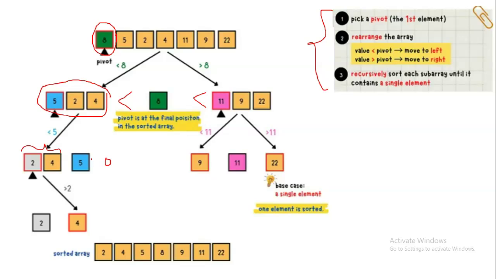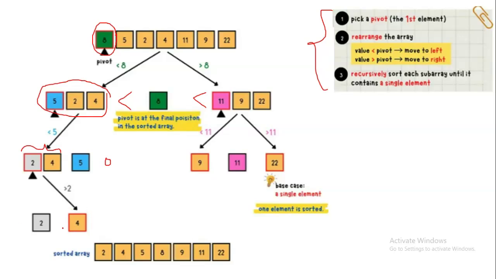Now again over here, as there are more than one element, again we are picking the first element as the pivot element from the left side subarray, and with respect to this we are partitioning. After partitioning, the left side is containing 0 and the right side is containing one element.